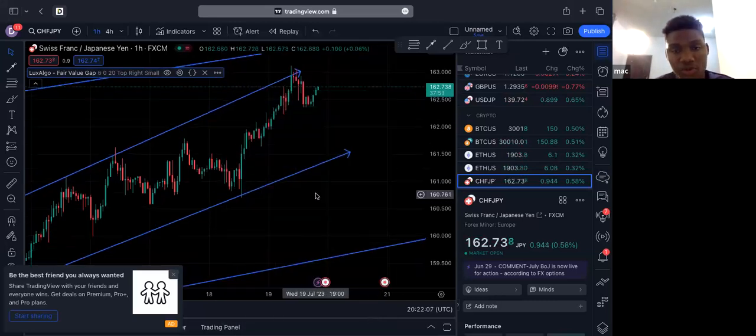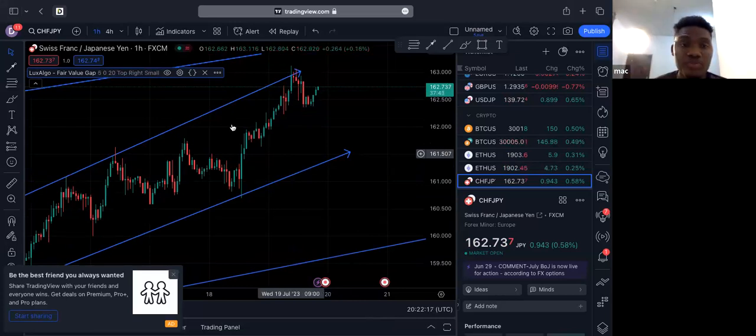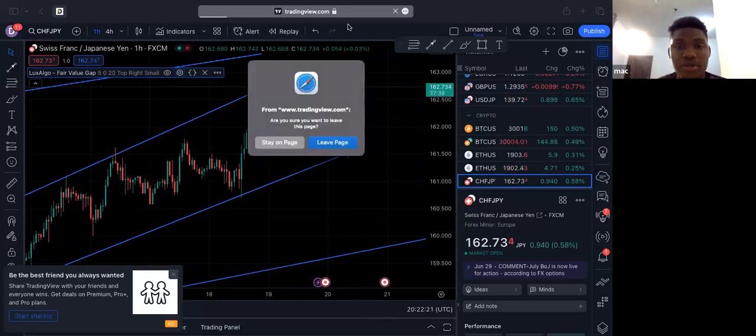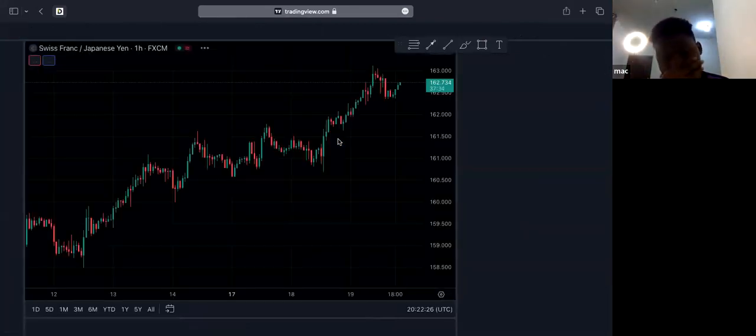The reason you are doing that is for those green lines you just saw to be bigger so that you'll be able to see them well. It's supposed to show. I don't know why it's not showing. Let me reload this page.